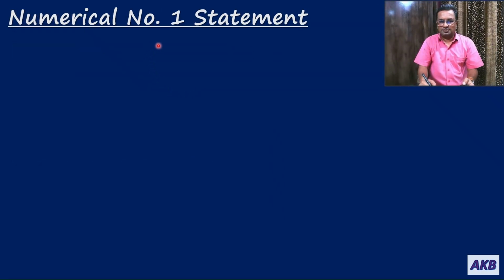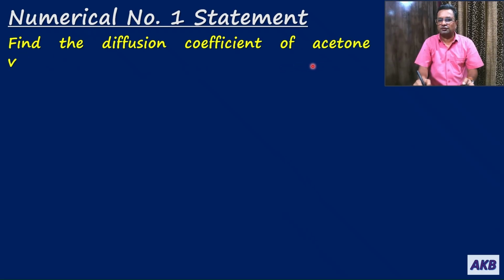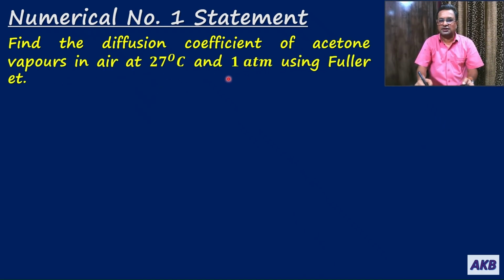Numerical number 1, the statement for this numerical, let me tell you. Find the diffusion coefficient of acetone vapors in air at 27 degrees Celsius and 1 atmosphere using Fuller et al. Method.